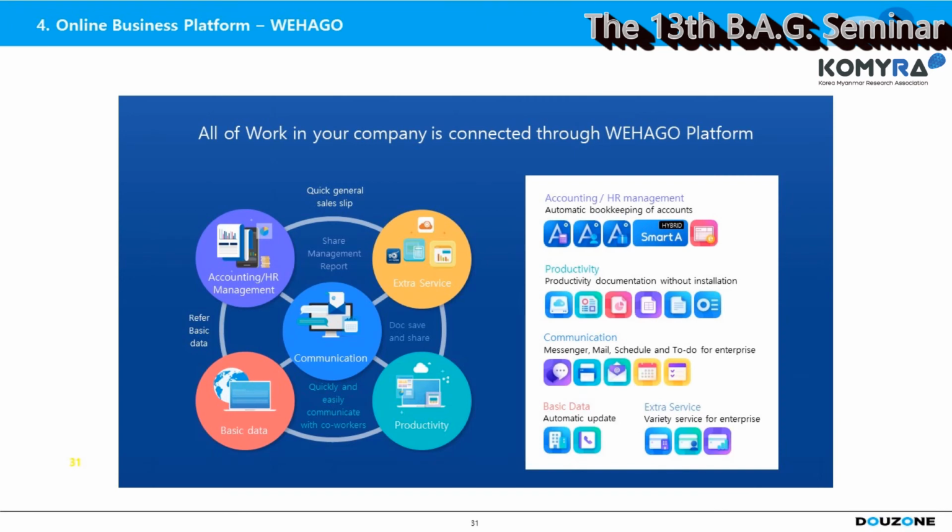Douzone provides various services through the business platform. We can use services such as Douzone tax, accounting, human resource, electronic tax invoice, community, and document solutions. If you have a chance, it will be a good idea to check it out by visiting the site.